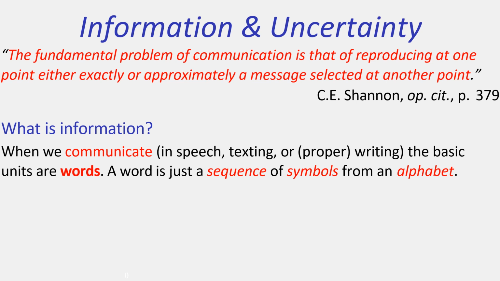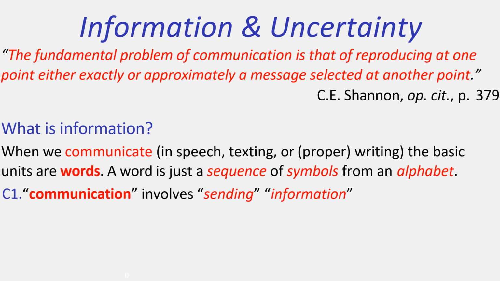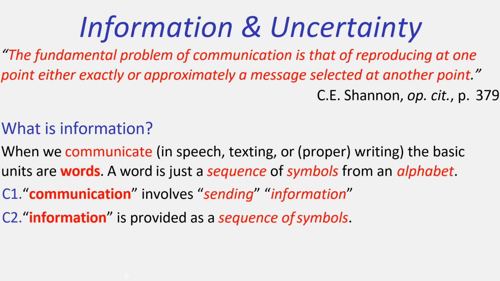What's a word? A word is a sequence of symbols from some underlying alphabet of symbols. Communication is the process of sending information, and information is a sequence of symbols.